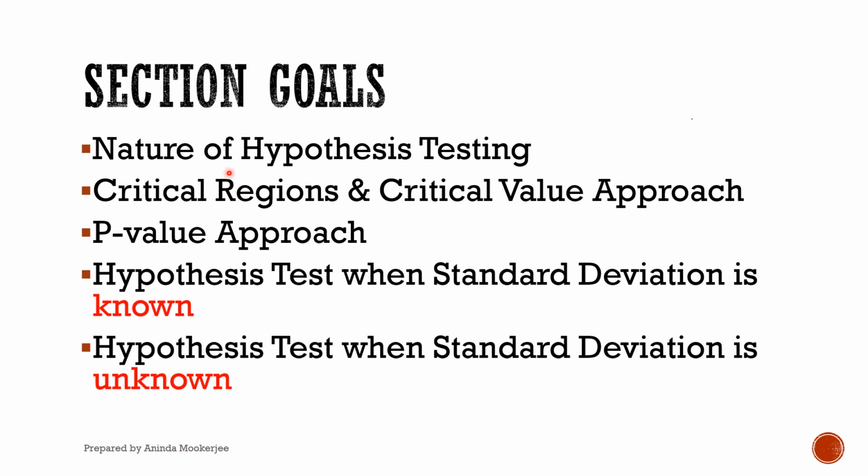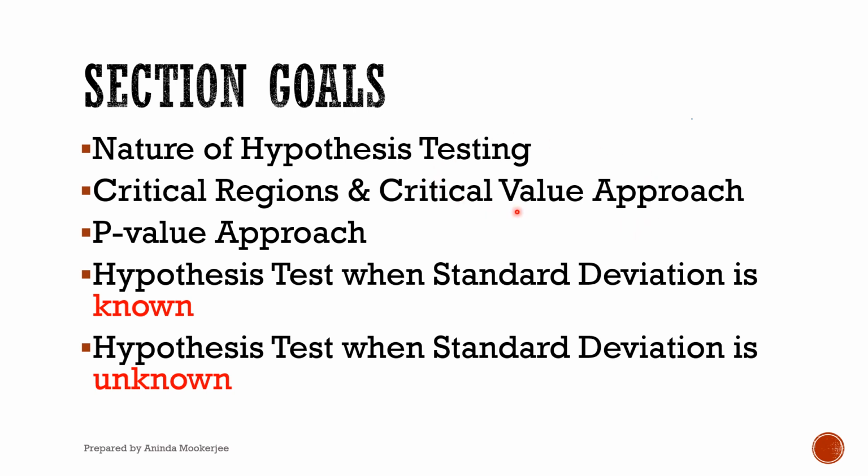Now, these are the topics that we are going to cover. We are going to talk about the nature of hypothesis testing, the concepts behind it, the approach we will take for the hypothesis testing. And then there are two approaches that we can use to complete a hypothesis test and come to a decision.